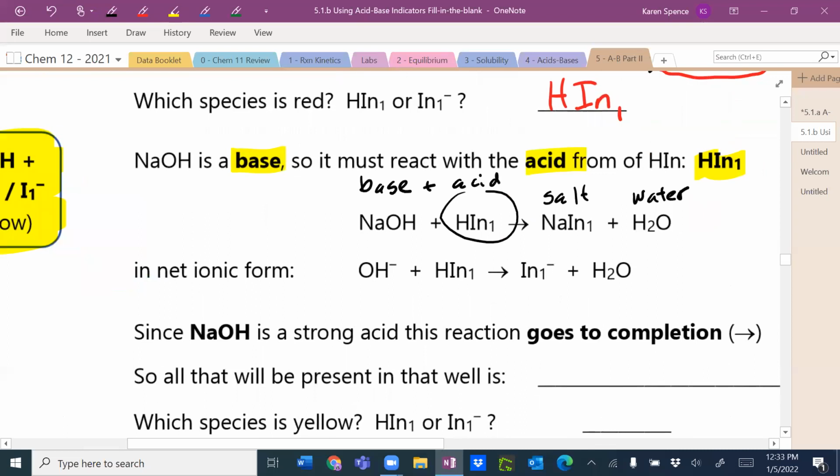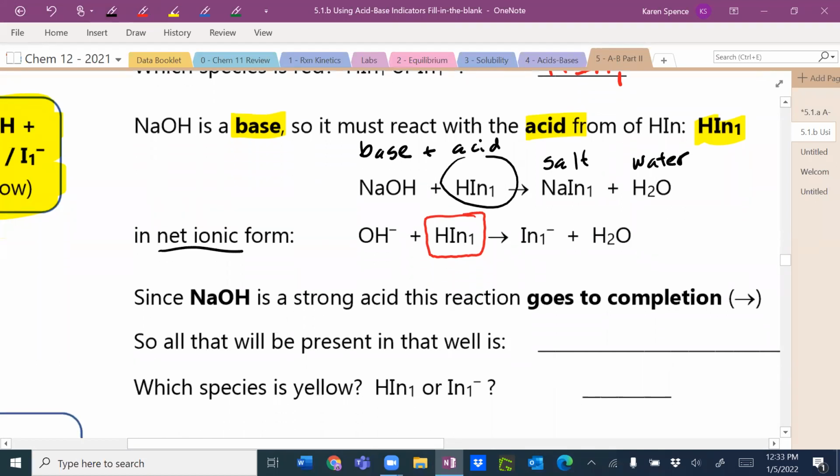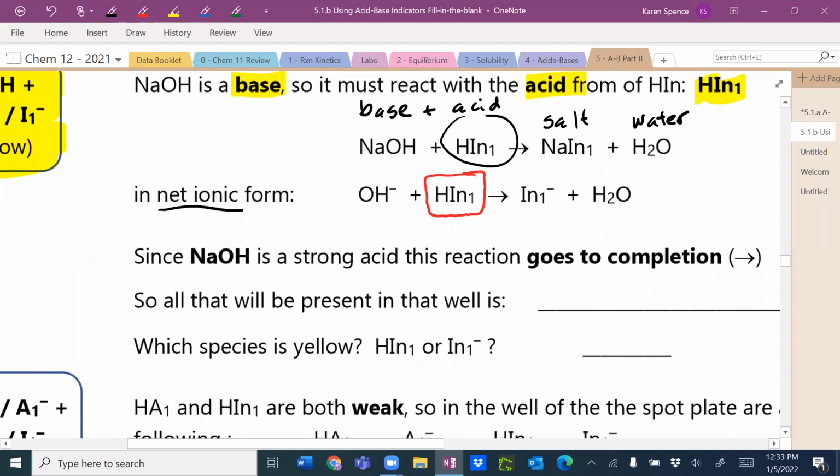If we write the net ionic form of this and ignore the sodium because it's a spectator, we just get OH minus. We have HIN1, which if you recall is red. We just determined that. And we have IN1 minus. NaOH is a strong base.